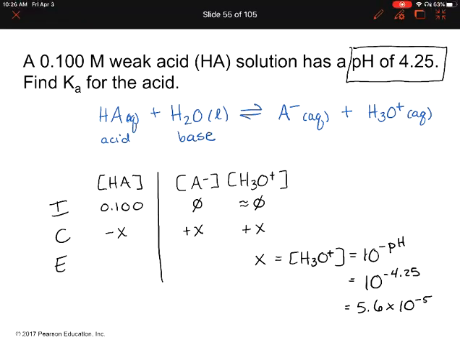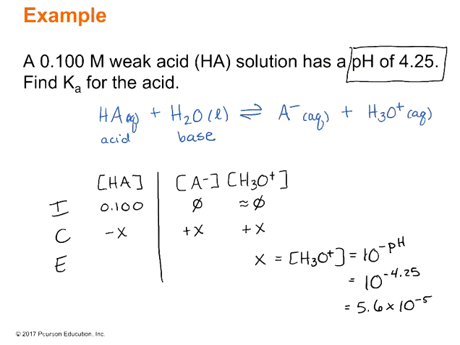So that means that the change in our acid is minus 5.6 times 10 to the negative fifth. And then the change in A is plus 5.6 times 10 to the negative fifth. And that's the same for the hydronium ions.